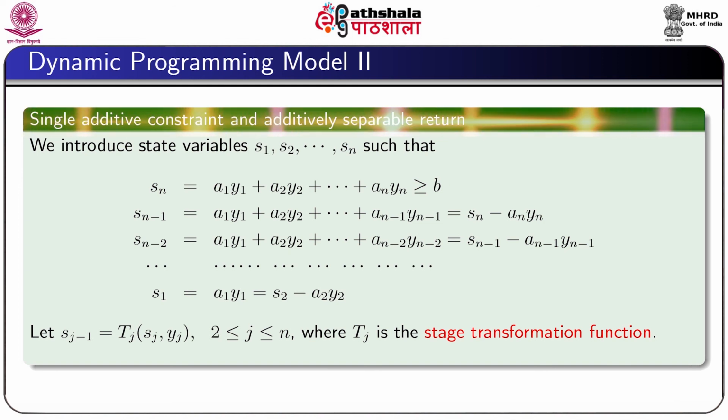And finally, S1 equal to a1 y1, which can be written as S2 minus a2 y2. Let Sj minus 1 equal to Tj(Sj, yj), where j takes values between 2 and n both inclusive. Then Tj can be termed the stage transformation function, and it indicates that each state variable is a function of the next state and decision variables.